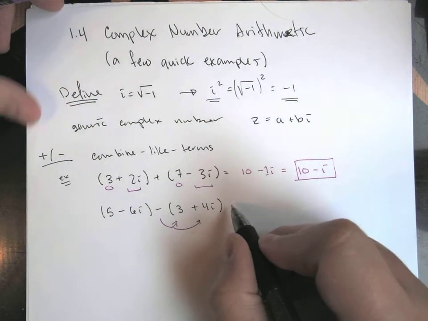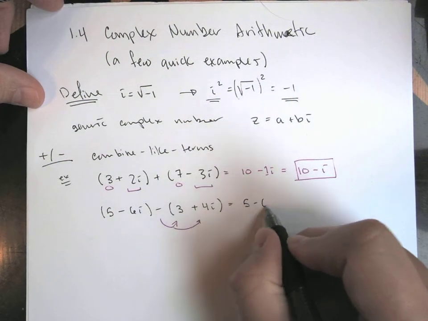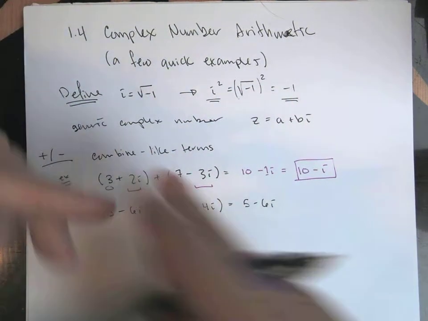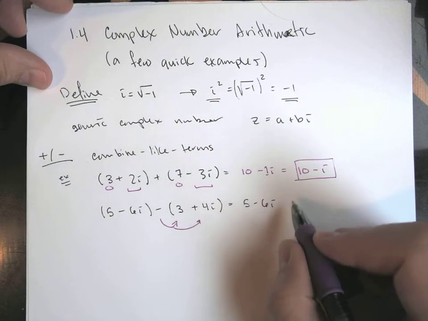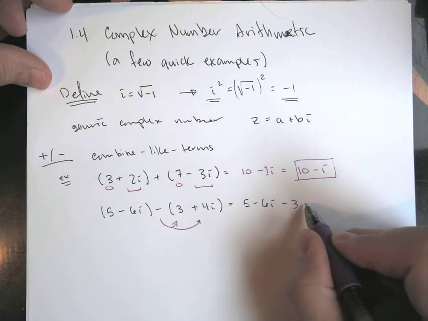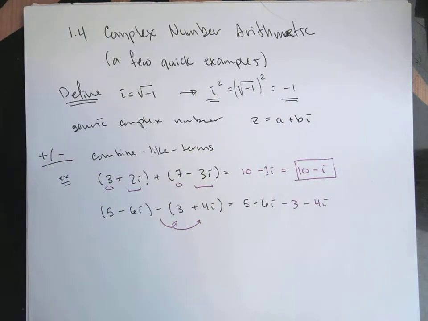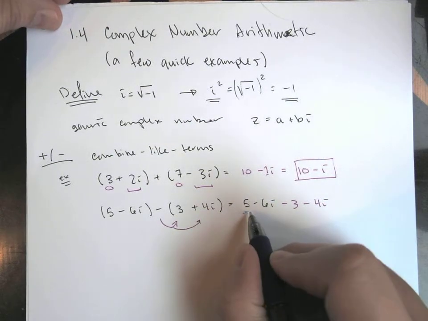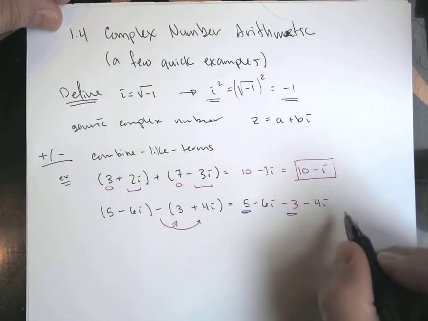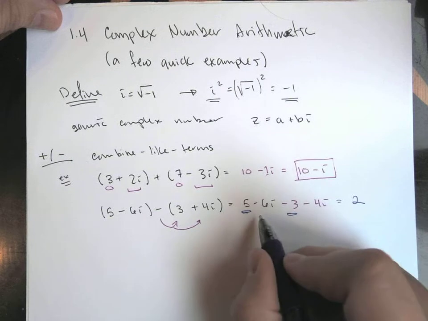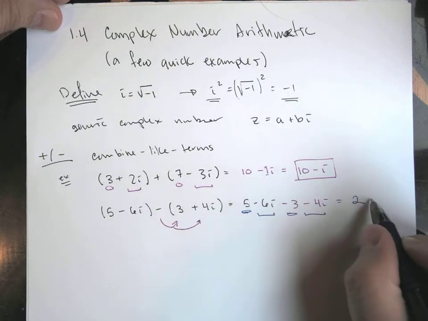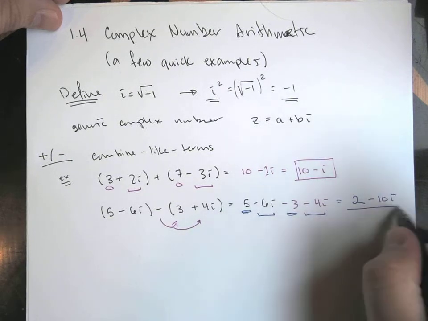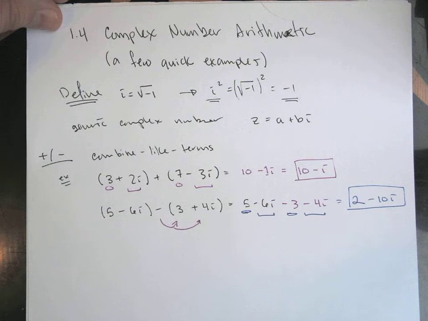This would really be the same thing as 5 minus 6i, and then if I distribute my negative, this would be minus 3, and this would be minus 4i. So when I go to combine like terms, I just have to watch my signs a little bit. 5 minus 3 is going to be 2. Minus 6i and minus 4i in total would be minus 10i. And that would be what we have.